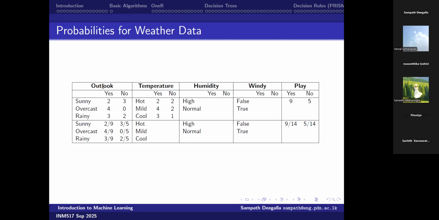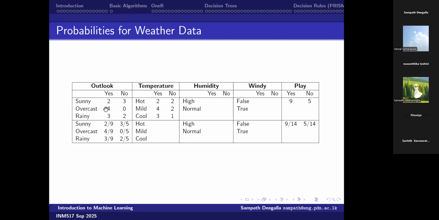For example, if you take outlook sunny, going through the dataset we observe there are 5 instances: 2 are classified as yes and 3 as no. Outlook overcast has 4 instances classified as yes and 0 for no. Rainy has 5 instances, 3 yeses and 2 nos.